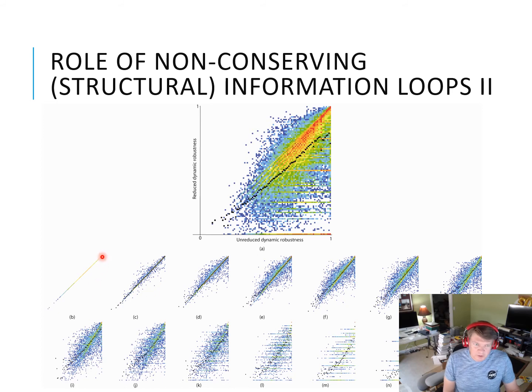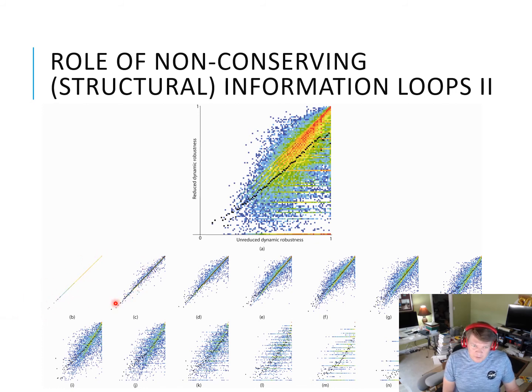If there are no frozen nodes, that's generally typified by having a single large attractor, and the reduced and unreduced robustness is the same because we're not taking any nodes away. The original network is the dynamic core, and vice versa.